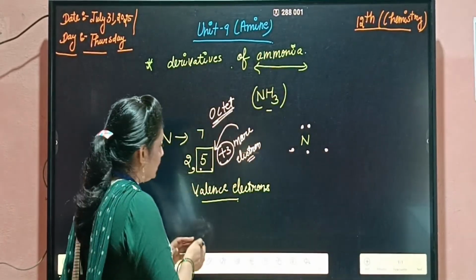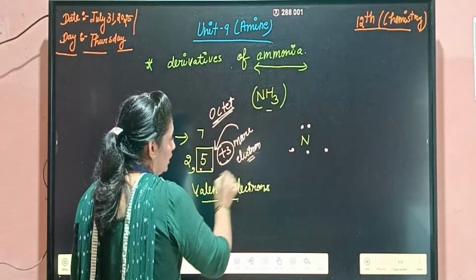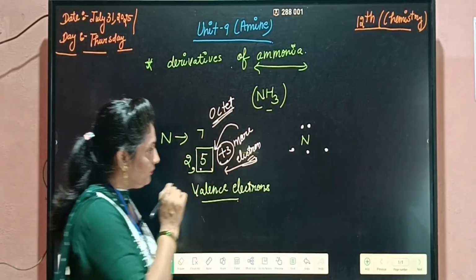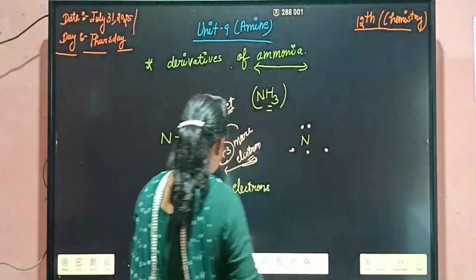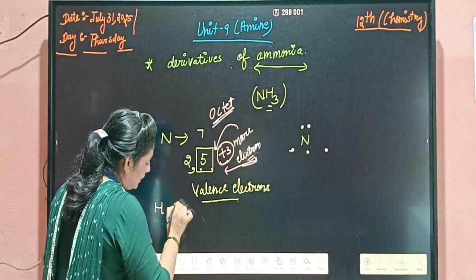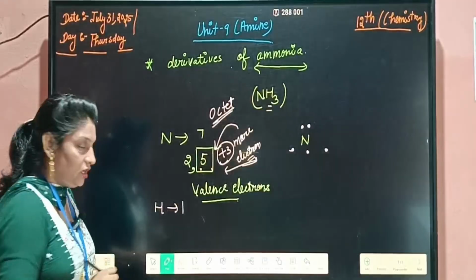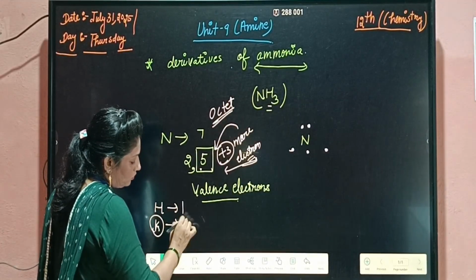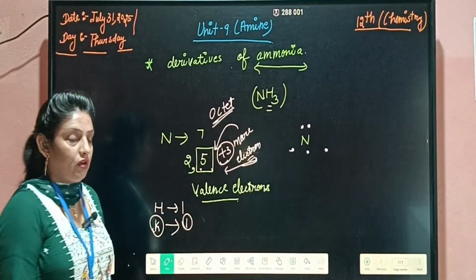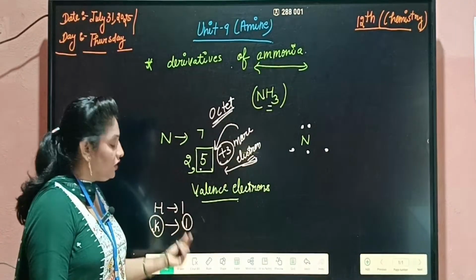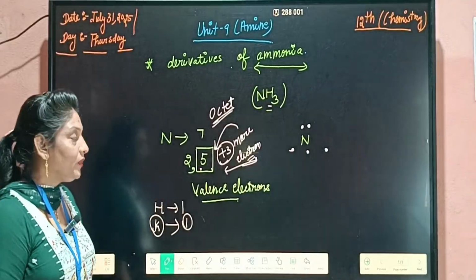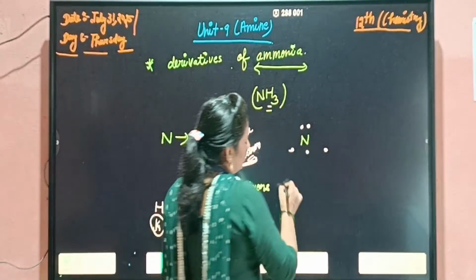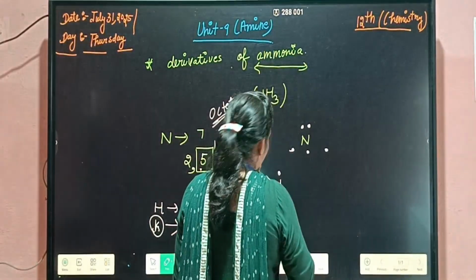So for completing, it needs 3 more. And if I talk about hydrogen, atomic number is 1, in the first shell, the K shell, we can fill a maximum of 2 electrons. So there is only 1 electron here.